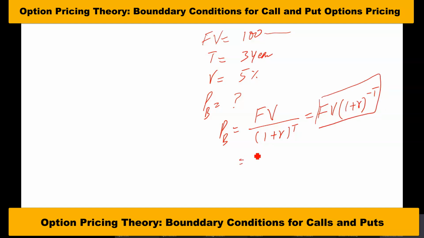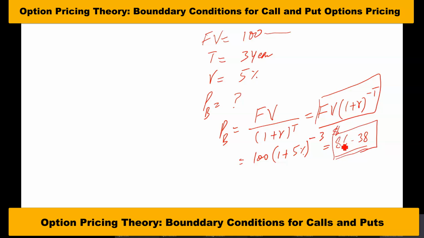And if I value this, it will be 100 into 1 plus 5% raised to the power minus 3. And if I do the calculation, I'll get the price of the bond, which will be 1.05 raised to the power minus 3 multiplied into 100. That is equal to $86.38.